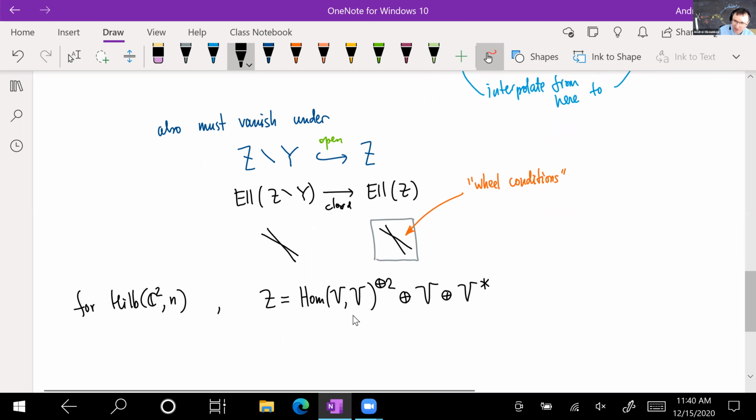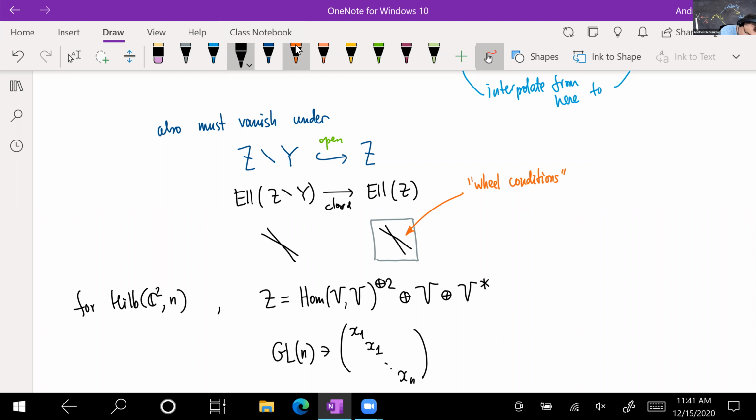This is where the operators. So you have a GL_n acting there, and maybe we denote an element in GL_n. So we're talking about GL-equivariant elliptic homology, elliptic or K theory or something. So we need some notation for x_1, ..., x_n, and then these two copies here have weights.